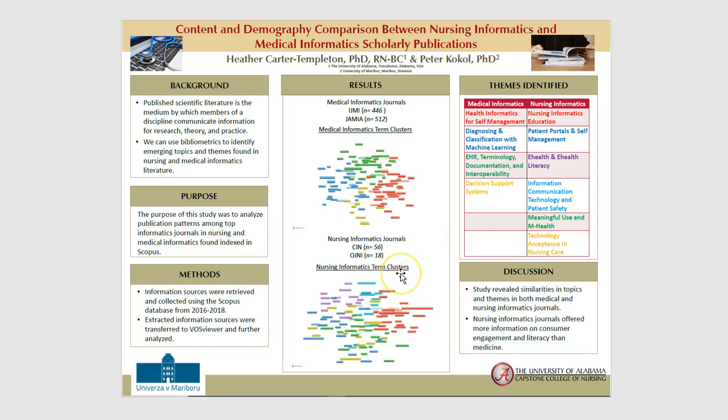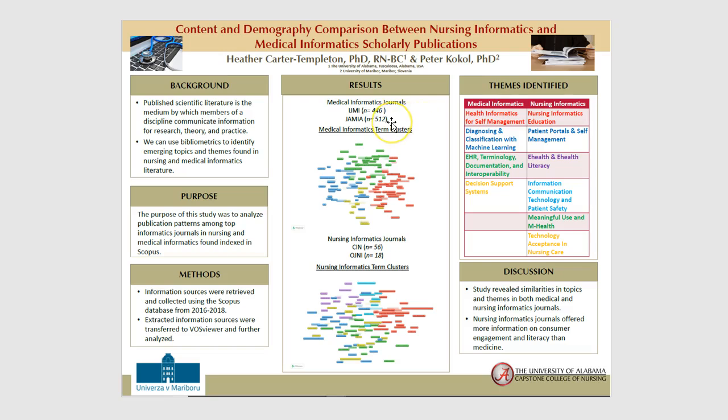And you can also see the number of nursing informatics results that were included in this comparison versus the medical. So you see there's much more dissemination of results from these studies occurring from the medical informatics journals.